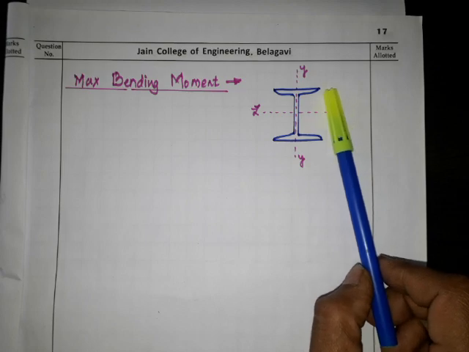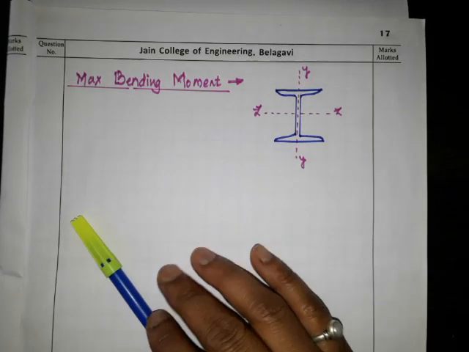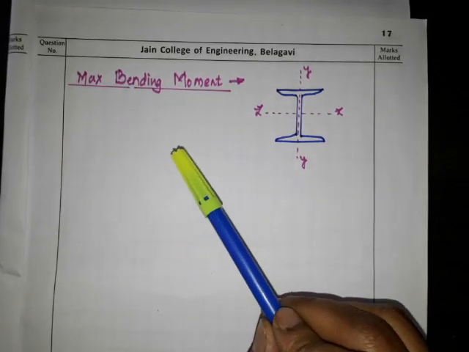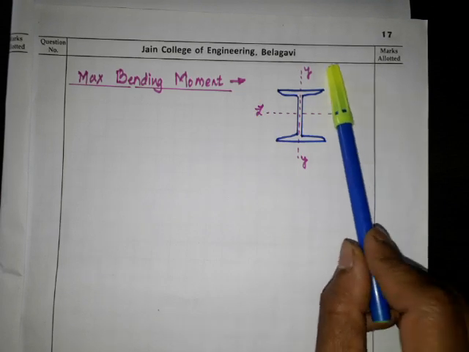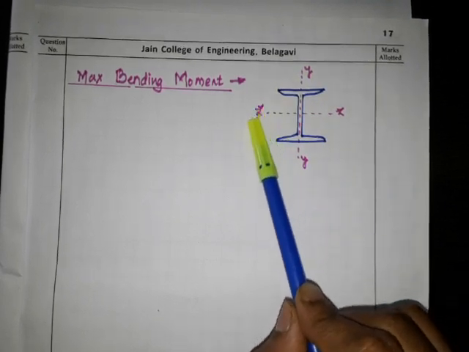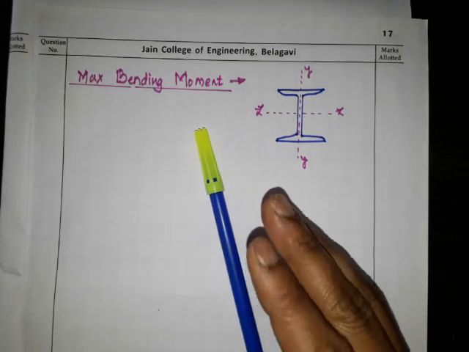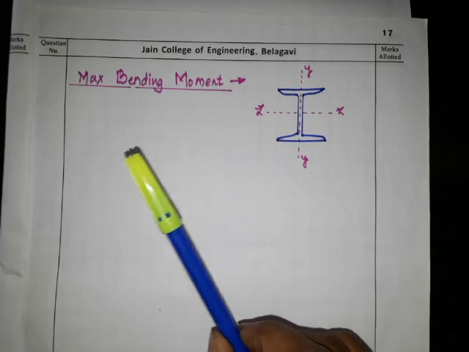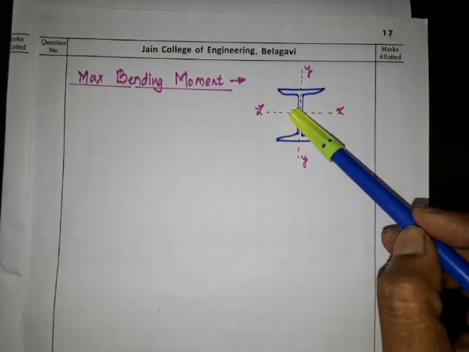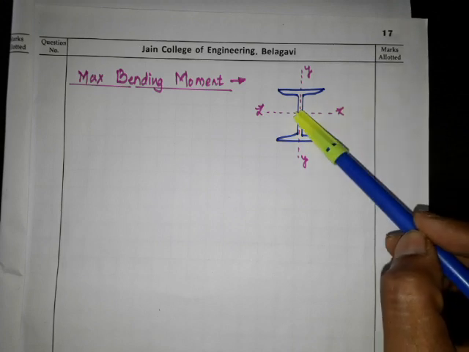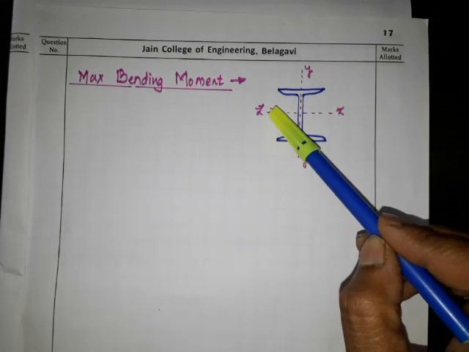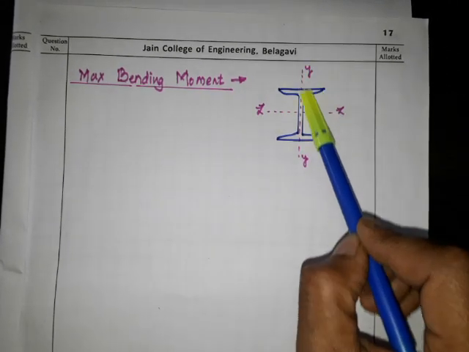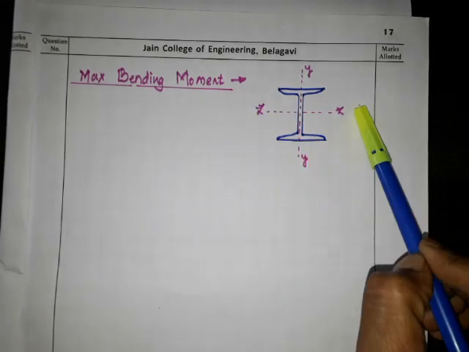So for any section there will be three axes, X, Y and Z. These axes pass through the three dimensions of the section. The X axis passes along the length of the section. Then next we have the vertical axis, which is called YY, and the horizontal is ZZ.